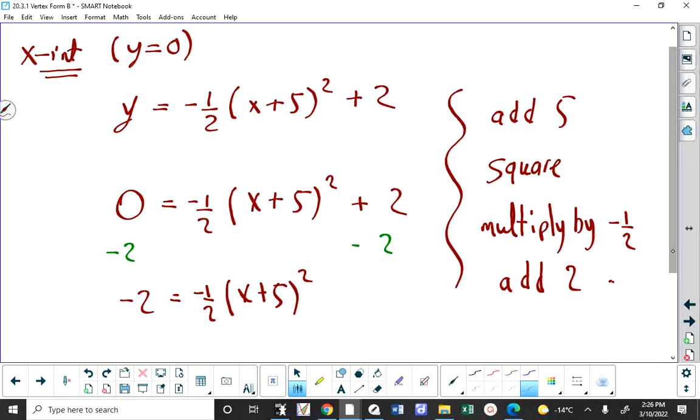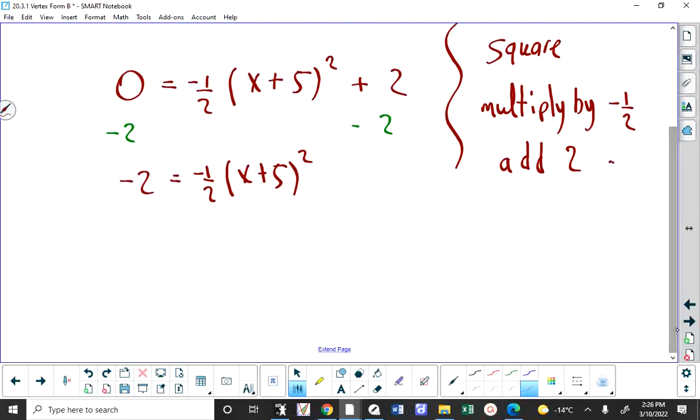So we're going to divide both sides by negative 0.5 or negative 1/2. Of course, what happens over here is that cancels. And you're left with whatever negative 2 divided by negative 0.5 is, which you can use your calculator here. I don't want to get buried too much into fractions today. It's 4.